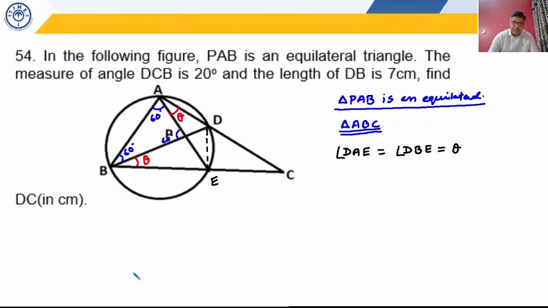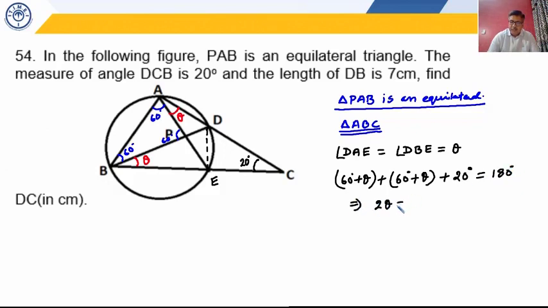Look at the triangle ABC. Can I say this angle is already 20 given in your question? So 60 degree plus theta plus 60 degree plus theta plus 20 degree is equal to 180 degree. So 2 theta is 40 degree. So theta must be 20 degree. So theta is equal to 20 degree. Right?